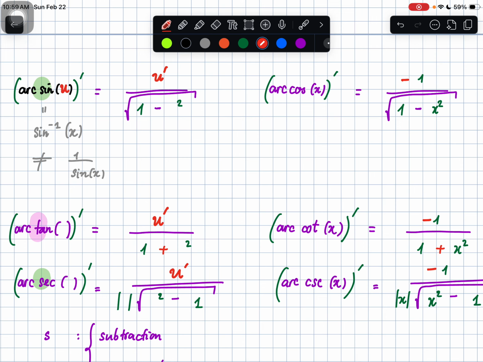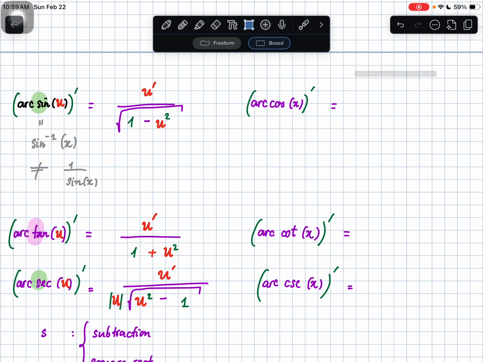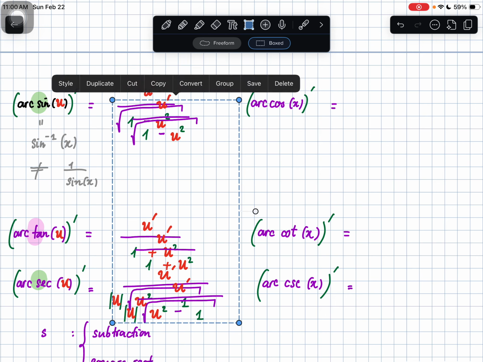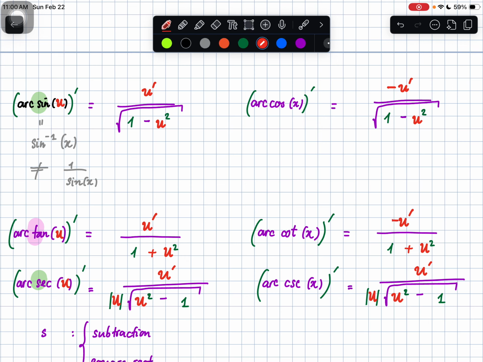So arc sine u, arc tangent u, arc secant u. Down there you have 1 minus u squared, 1 plus u squared, u squared minus 1. And here I have absolute value of u. And the same for the right hand side, we just put the negative sign in front. So these are all the formulas.